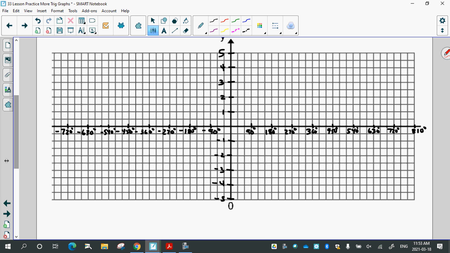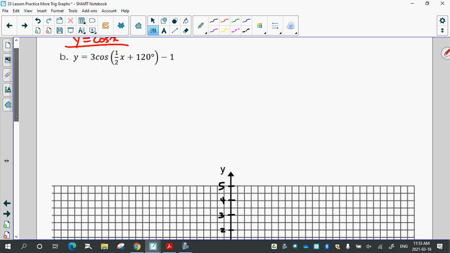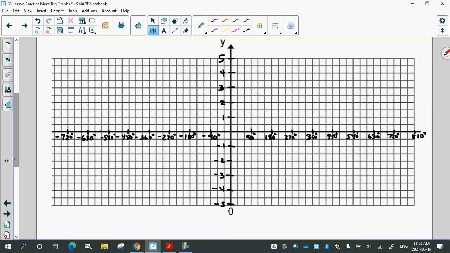Once you have the scale on, you can see what the parent function is. So cos. And then put one cycle of the parent function on.